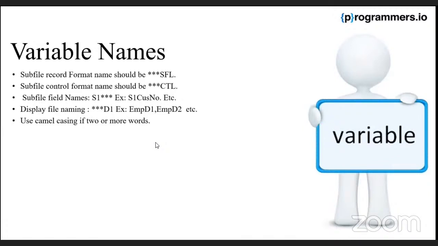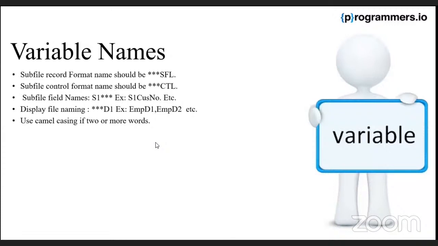So it is quite understandable that this is the employee subfile and the employee control format belongs to that subfile record format. After that, for subfile field names, if we are using multiple subfiles, we can write that it belongs to subfile one, so s1, and the field name is s1 for that particular subfile. It will make things more convenient for us while writing the program.